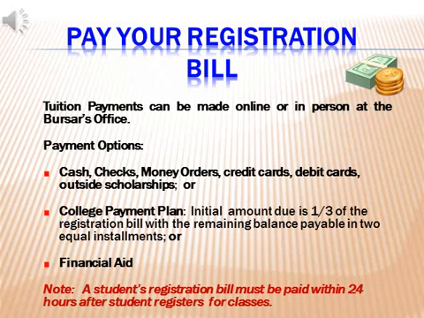With the college payment plan, the initial amount due is 1/3 of the registration bill, with the remaining balance payable in 2 equal installments, or there is financial aid. Note: a student's registration bill must be paid within 24 hours after the student registers for classes.